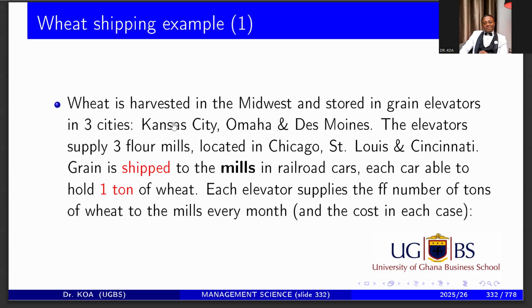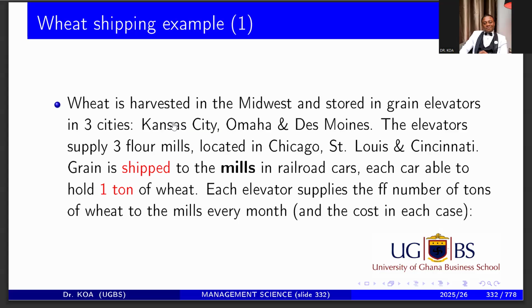They will now supply this wheat to 3 different flour mills. The flour mills are located in Chicago, St. Louis, and Cincinnati. They normally use something we call railroad cars. It's like a railway, but each block is not for human beings, but for the wheat.